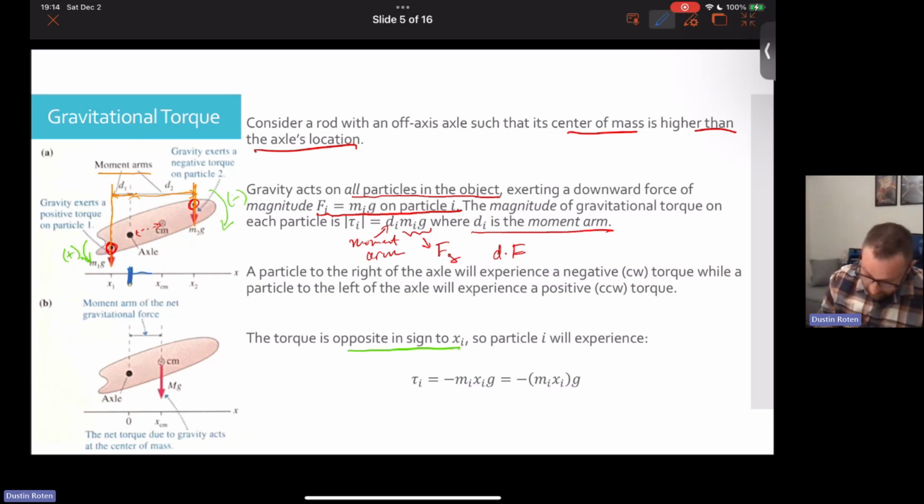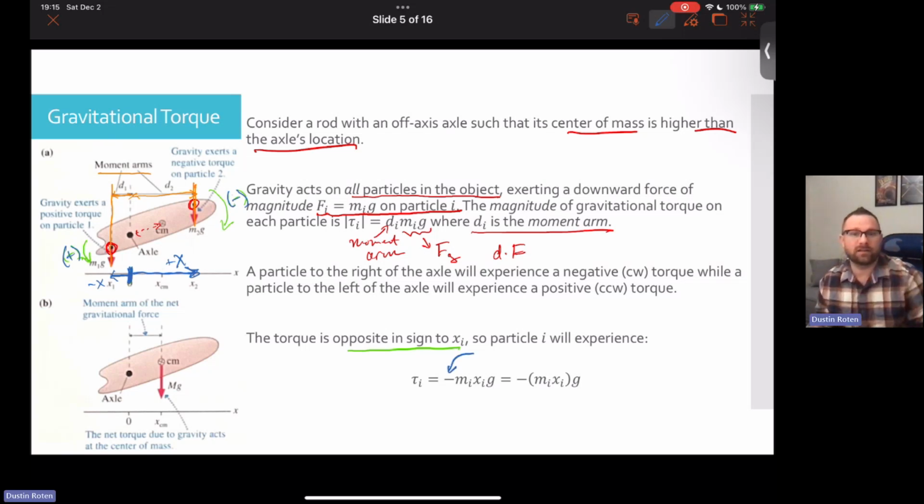If we move in the positive x direction over to particle 2, so we go plus x, like I said earlier, the torque's negative. If we move to the left, so we're going negative x, the torque experienced by the particles over here is actually positive. So we sort of have Hooke's law with the restoring force. It's always opposite of our value of x. So I'm just going to add in this negative sign.